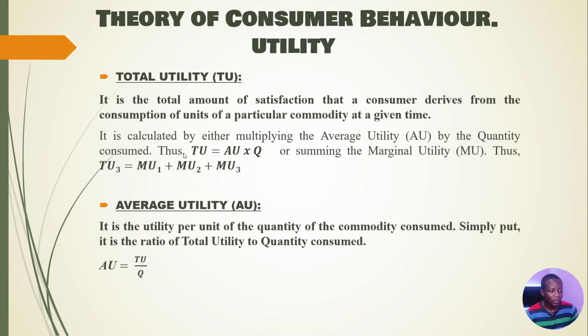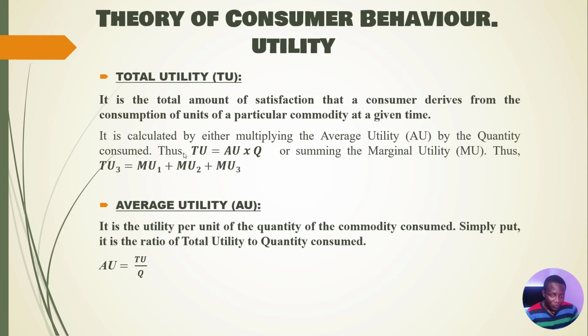So, what is total utility? It is the total amount of satisfaction that a consumer derives from the consumption of units of a particular commodity at a given time. What does this mean? For example, you are very thirsty after returning from PE class. You decide to take 5 bottles of water.